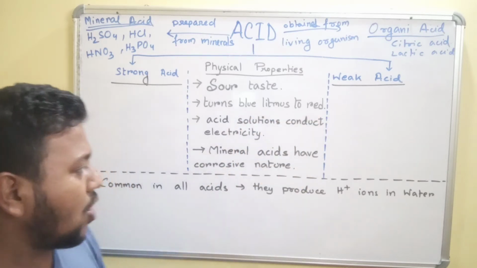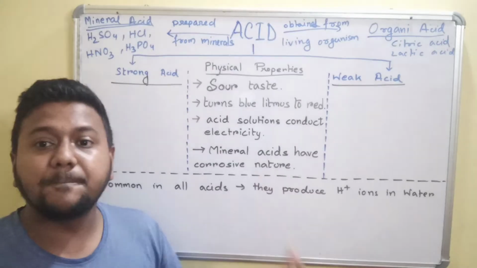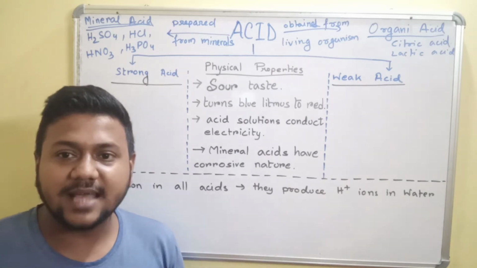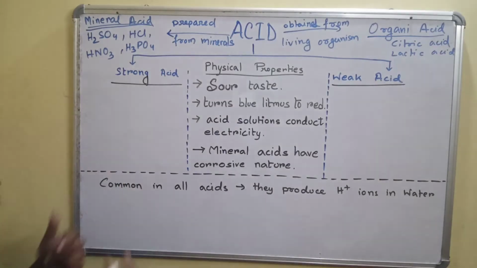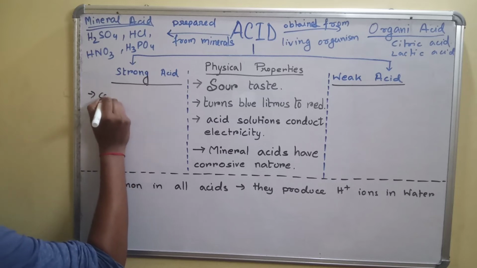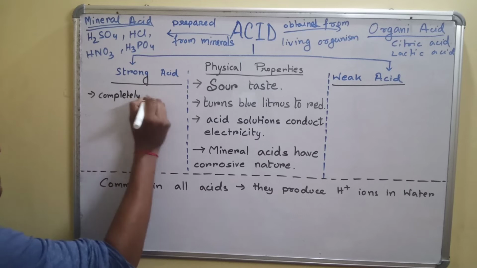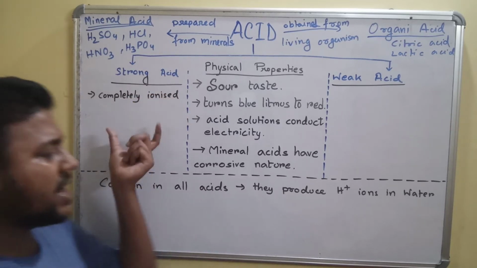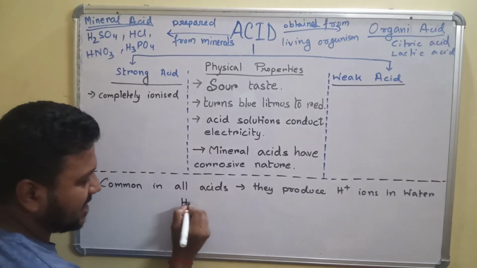Now in the case of a strong acid, this dissociation is complete. When the acid is dissociated in water and completely ionizes, it is called a strong acid. So for strong acid we will write completely ionized. Let us take a strong acid like HCl.